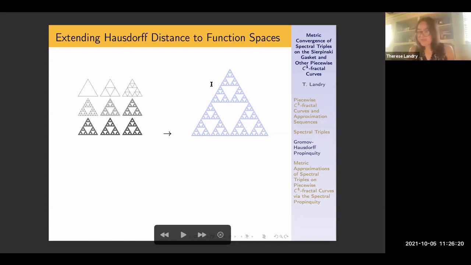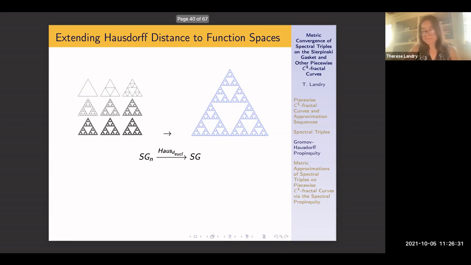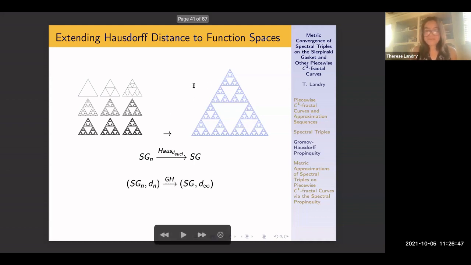Remember, our non-commutative metric is an extension of this distance to function spaces on the fractal and on our approximating sequence. So if each finite graph in this sequence is equipped with its respective geodesic distance, then the corresponding compact metric spaces converge with respect to the Gromov-Hausdorff propinquity metric to the compact metric space for the fractal with respect to geodesic distance.